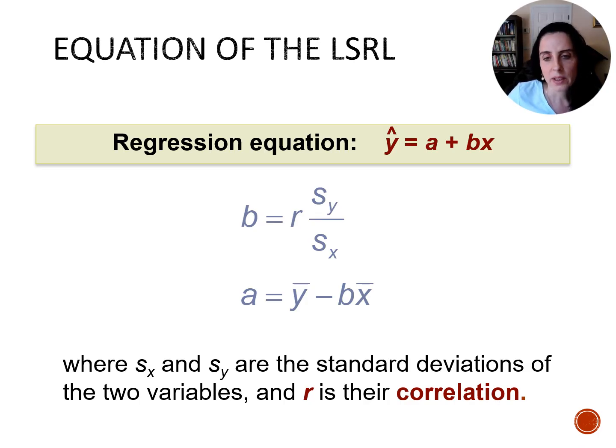Sy is the standard deviation of the y variable or the response variable, while Sx is the standard deviation of the explanatory variable. The intercept is the difference between the mean of the response variable and the product of the slope and the mean of the explanatory variable.